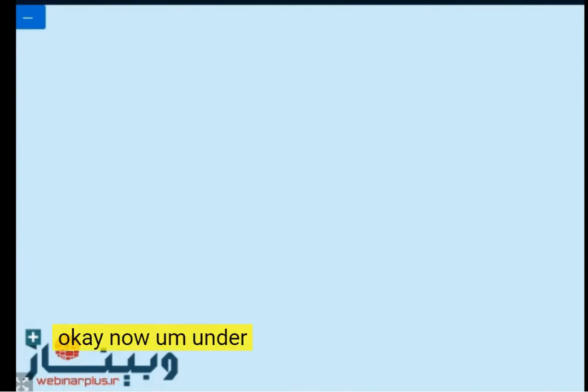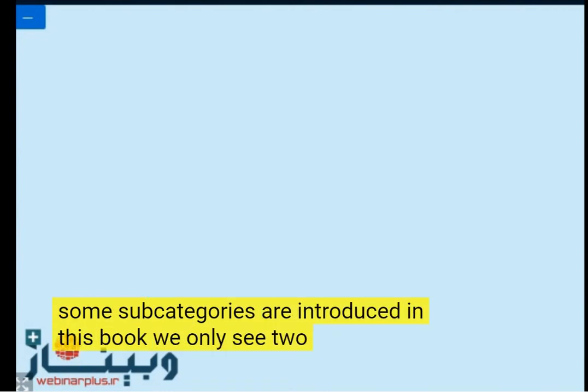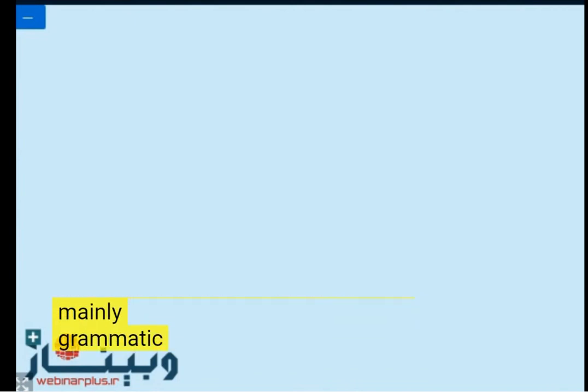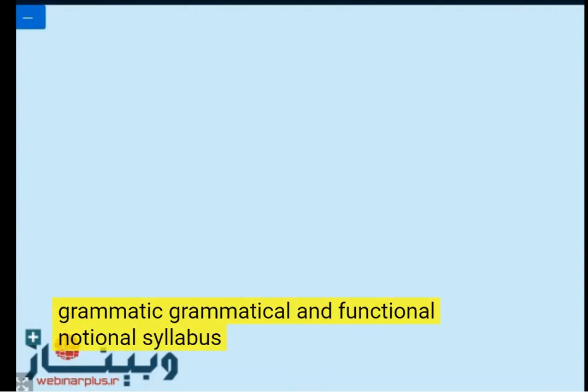Okay, now under the product-oriented syllabus, some subcategories are introduced. In this book, we only see two types of product-oriented syllabuses, mainly the grammatical and the functional-notional syllabus.